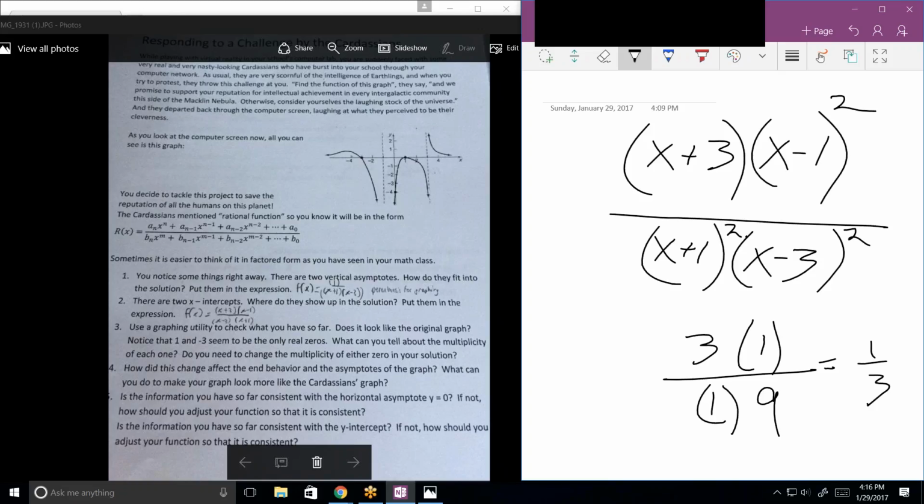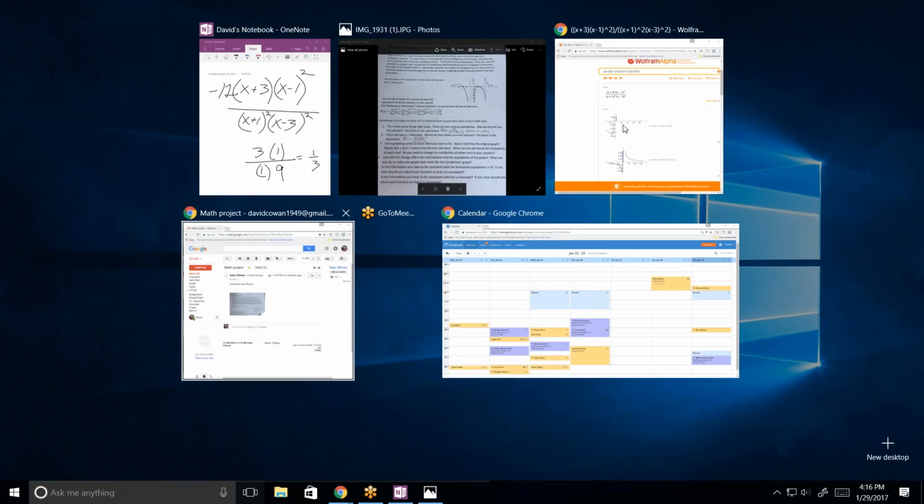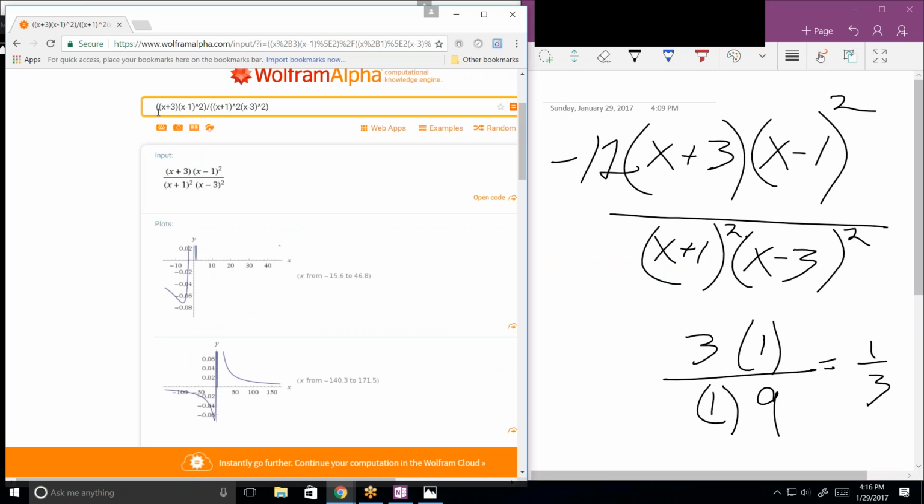In other words, its y-intercept. Do we need to put a 12 on the top? Minus 12, perhaps. We'll see what that does. Yeah, because our y-intercept is at minus 4. So minus 12 should accomplish everything that we need. Let's try that. I should be able to add that minus 12 real easily here.